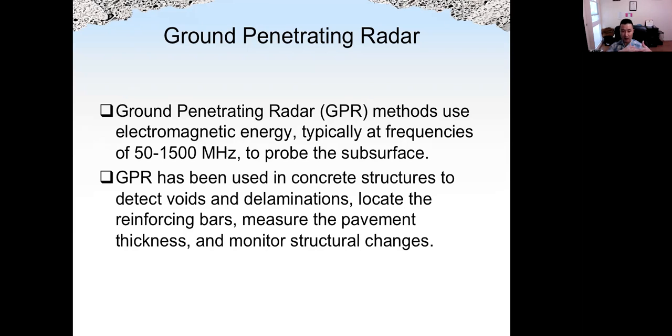So if two materials, such as steel and concrete, have a high difference in electrical conductivity and dielectric constant, then it is easy for GPR to detect. But for air and concrete, for example, if the voids in concrete are filled with air, GPR cannot easily detect that because the electrical conductivity of air and concrete is pretty similar. So GPR cannot see that.